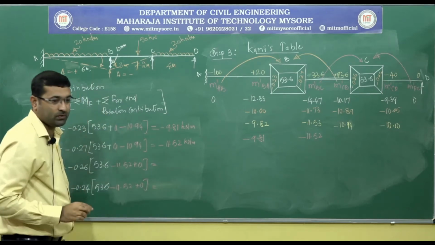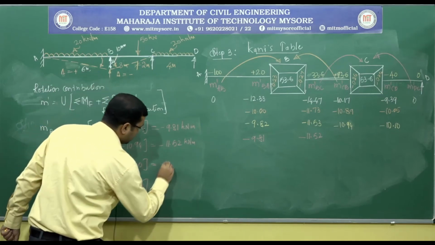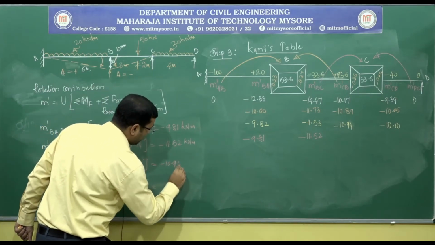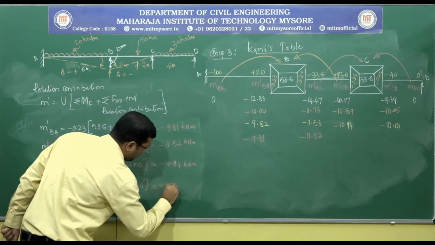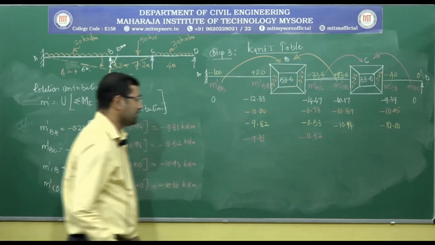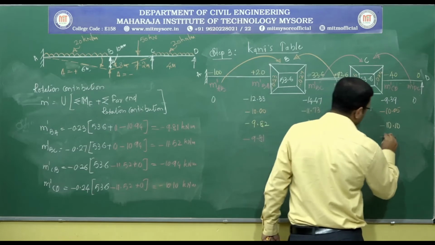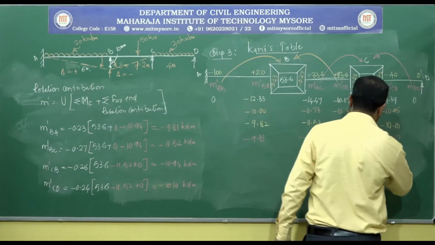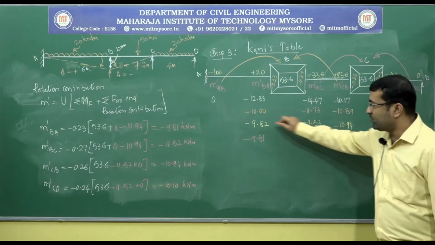So these two gives you the same values, that is minus 10.94 kilonewton meter and minus 10.10 kilonewton meter. Now you can see here these two values they have repeated and these two are also very close.